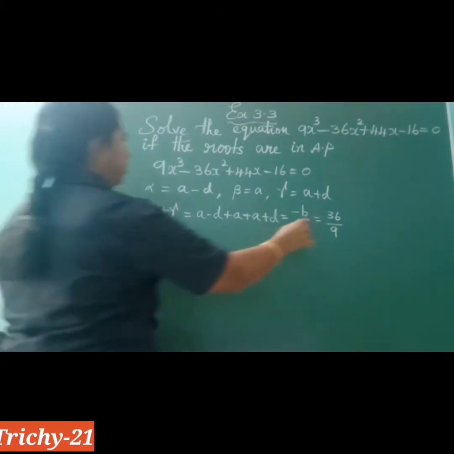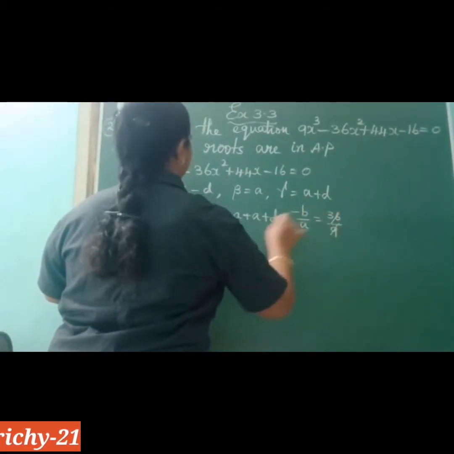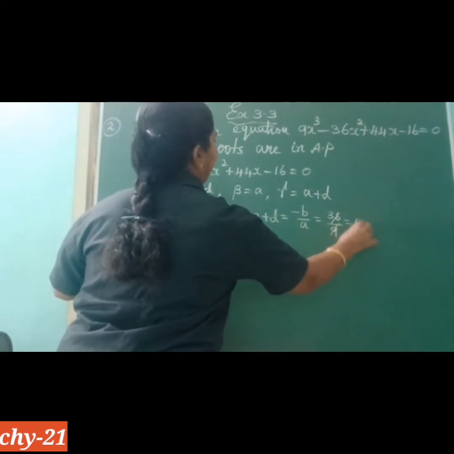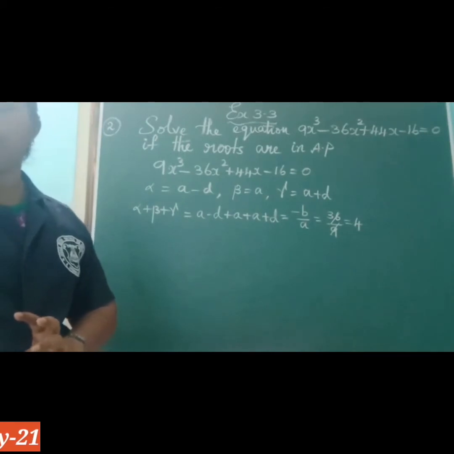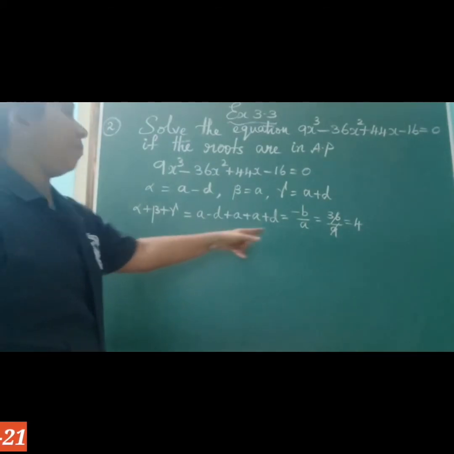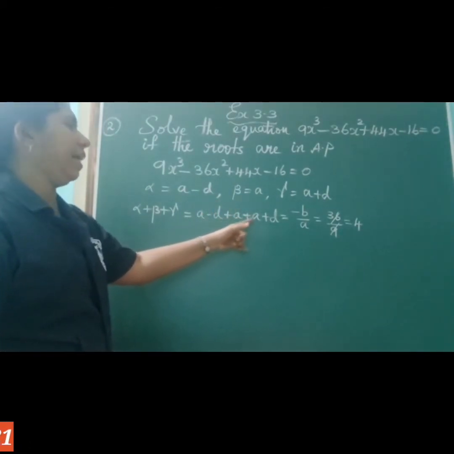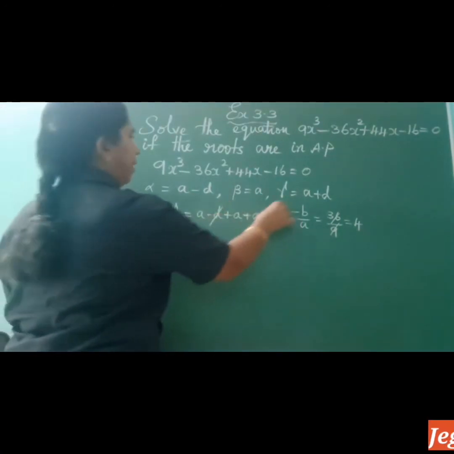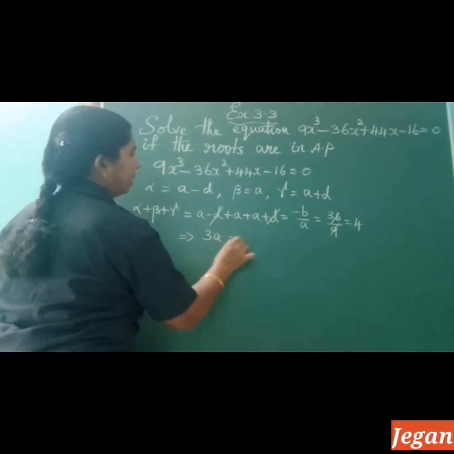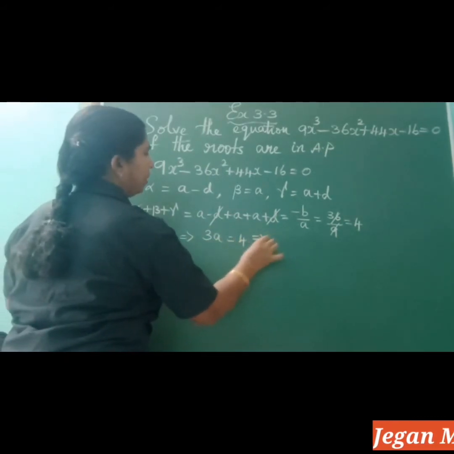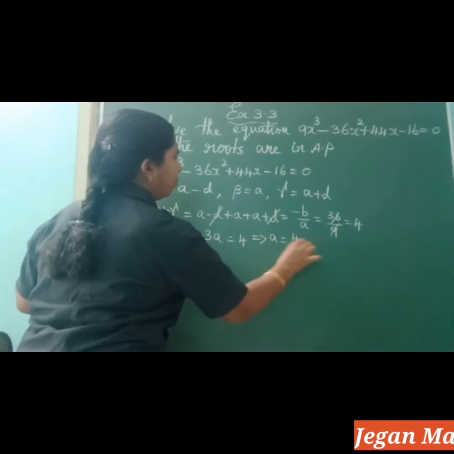When you cancel, we will get 4. Sum of the roots equal to 4. So, in a minus d, a plus d, the d and d will be cancelled. Therefore, 3a is equal to 4, which implies a is equal to 4 by 3.